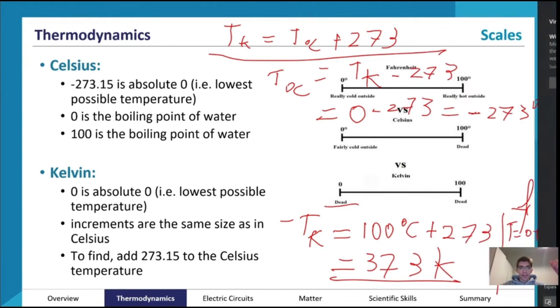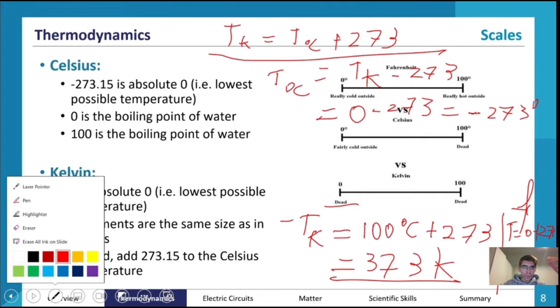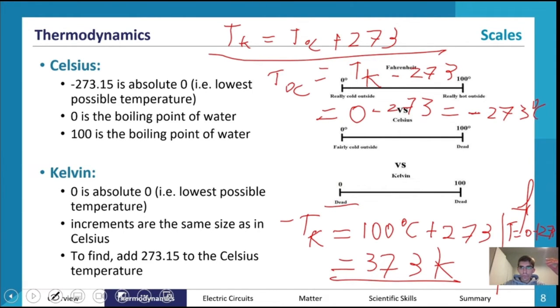So just to put everything into perspective, negative 273 degrees Celsius is the lowest temperature possible. 0 degrees Celsius is the freezing point of water. 100 degrees Celsius is the boiling point of water.